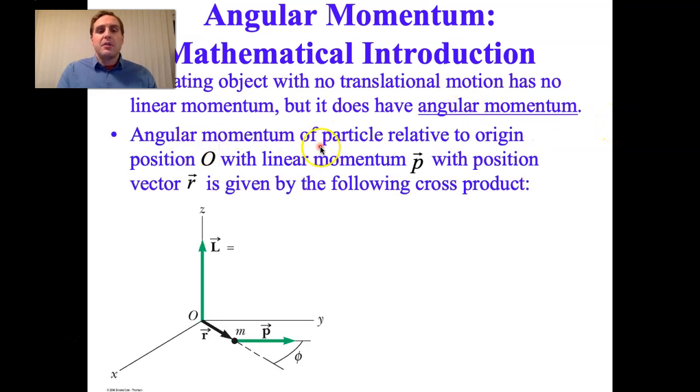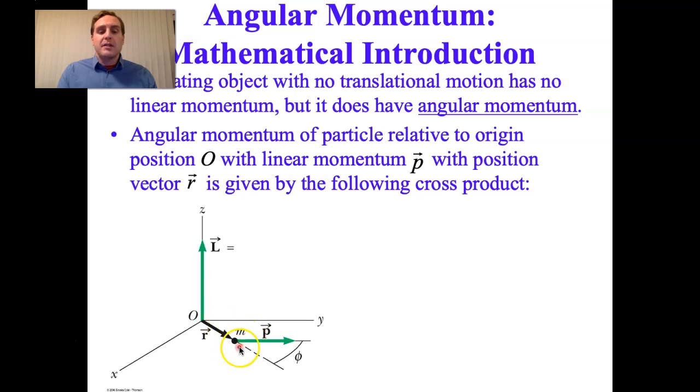Angular momentum of a particle relative to an origin O, with linear momentum p vector and position vector r vector. Remember, the r vector is the position vector drawn with its tail at the origin and its head at some point of interest.